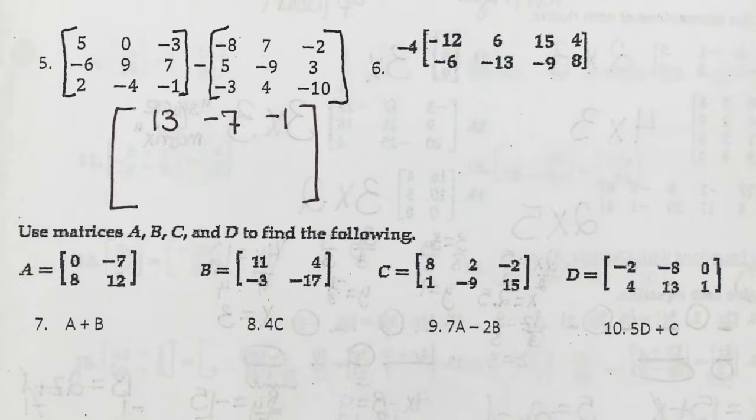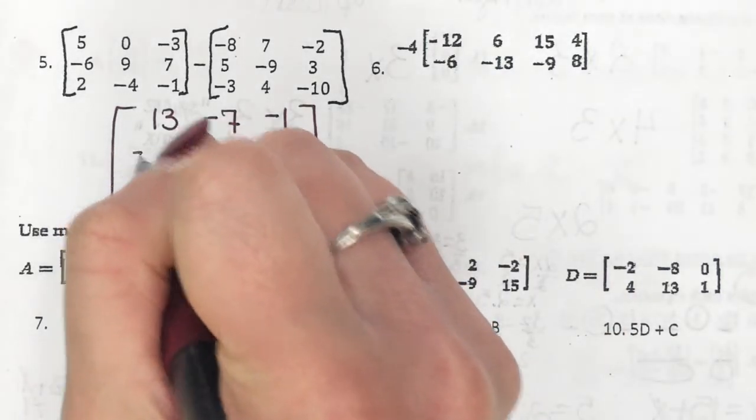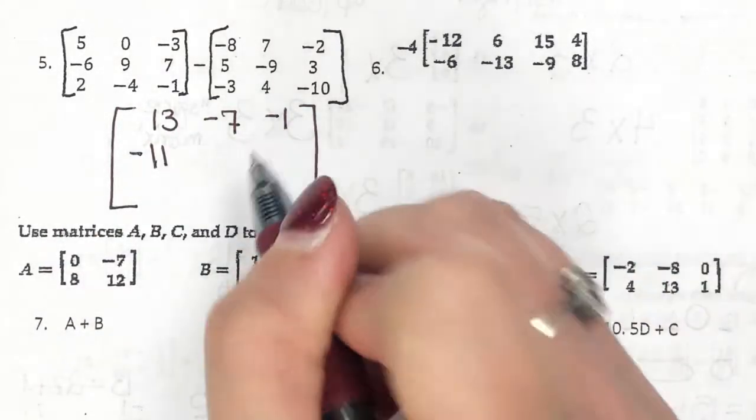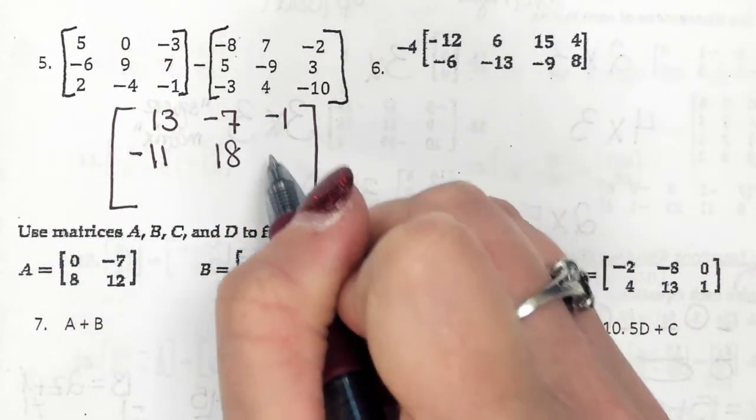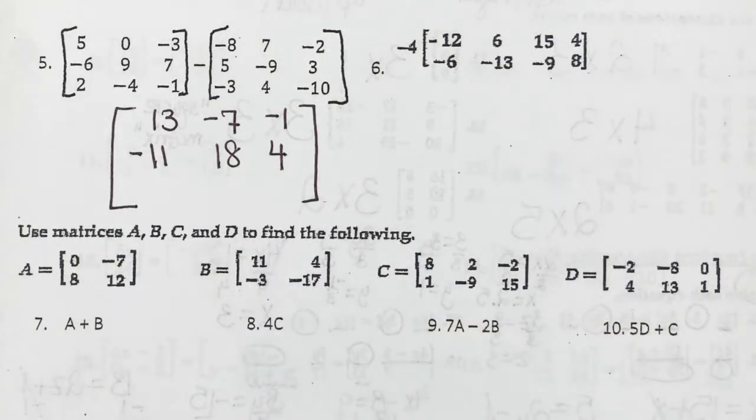Make sure they're all separate numbers. There's your second row. Check your answers on your second row.